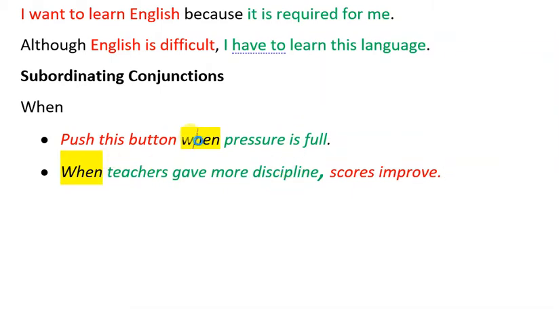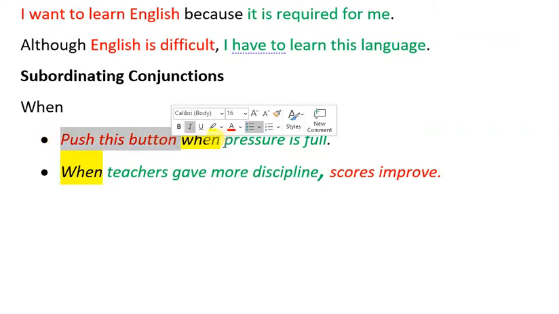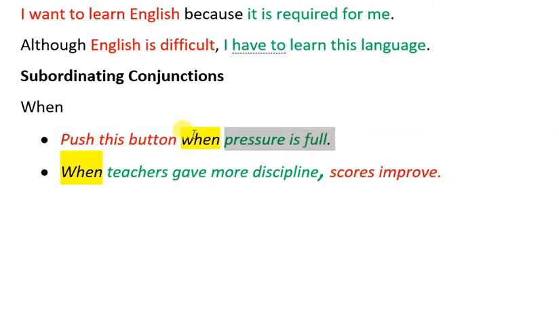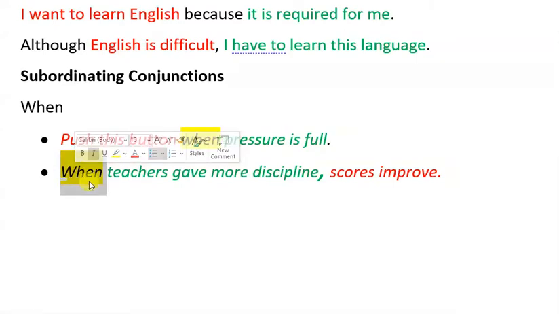So I'm just repeating the comma rule. Whenever you put the conjunction in between the independent and the dependent clause, you do not need to put any comma before or after the conjunction. However, if you write the conjunction at the start of the sentence, after the completion of the dependent clause you have to put a comma and then you can write your independent clause.